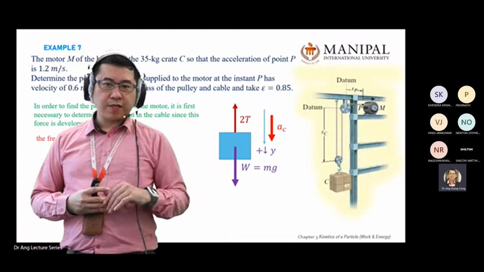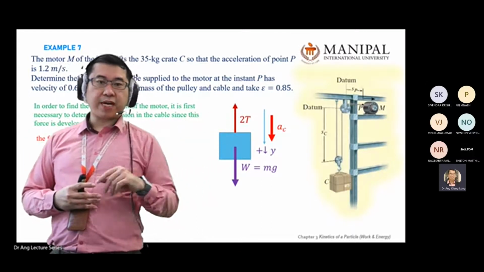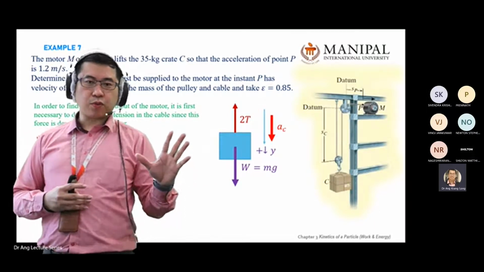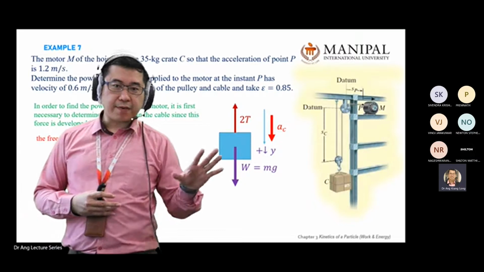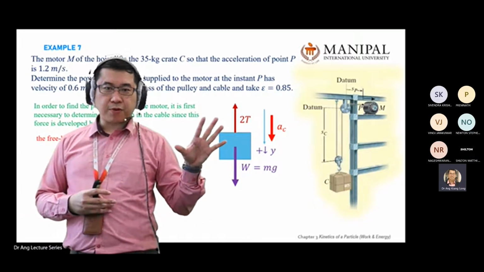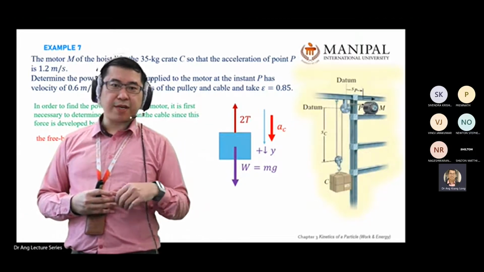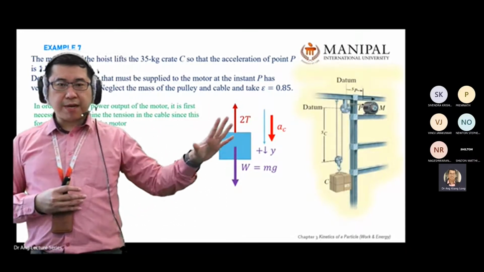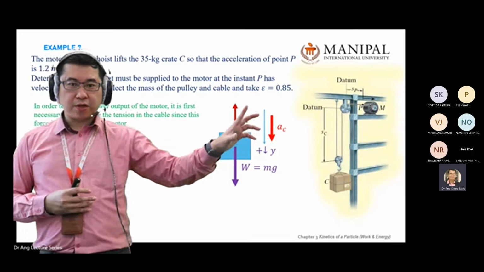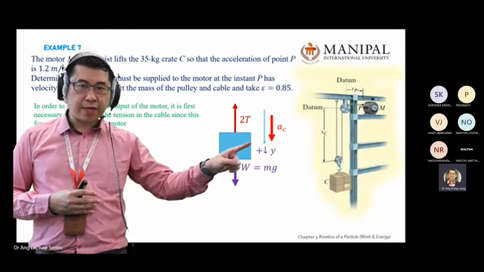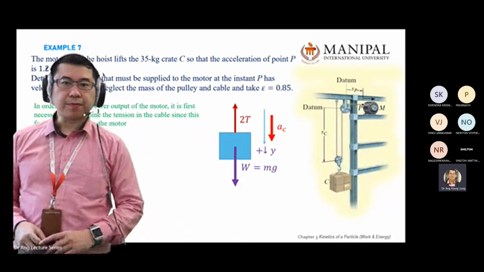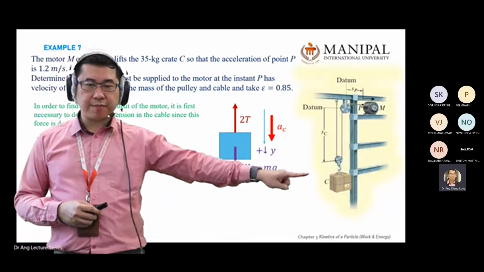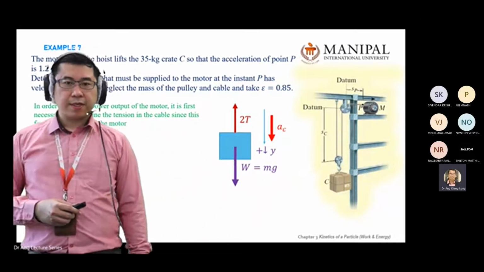So if you need to spend more than half an hour, it means you need to answer the next question already, right? If you take more time, then you might not have enough time to answer another question. So this combines the free body diagram with your kinematic diagram, with acceleration going down. And I label it as acceleration a sub C to represent parcel number C.